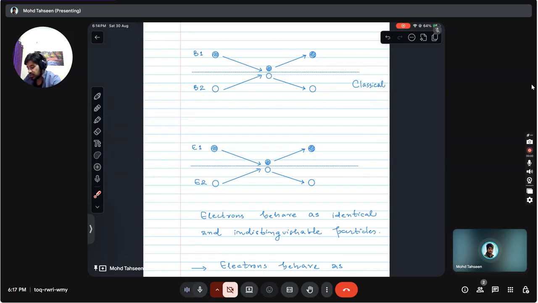That interchange is such that we cannot say with certainty that this particle here would retain its position, would retain the same trajectory as was the case with classical particles, or will it follow a different trajectory. So this is true of quantum particles.